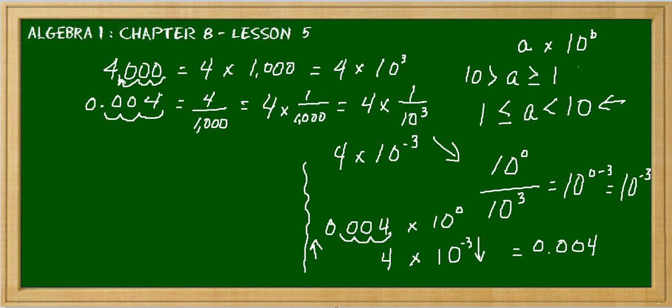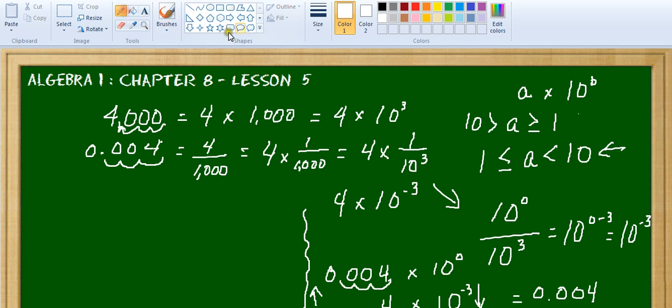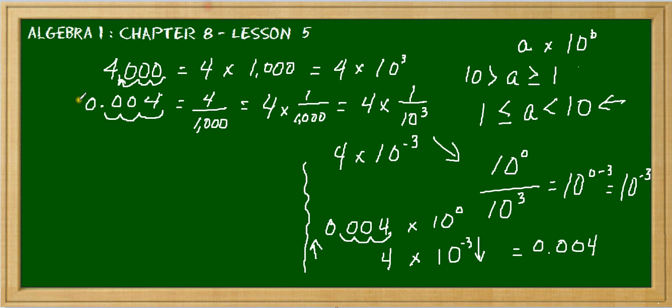Let's get the pen back the way it should be. Okay, so we have 4 times 1. Now with 4 times 1, we know that's equal to 4.